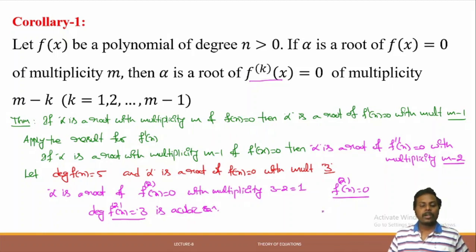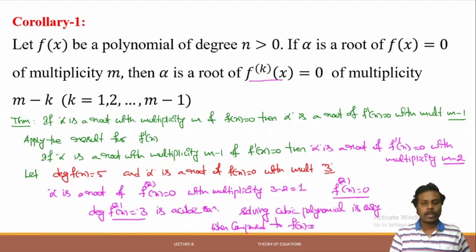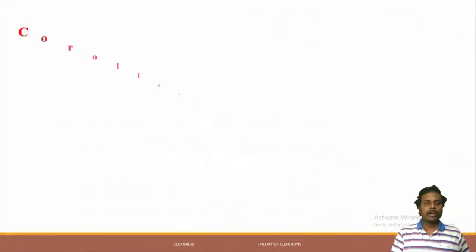That means in order to find the root alpha of f of x equal to 0, it is enough if you solve a cubic equation. If you find the root of a cubic equation, that will do, and solving a cubic equation is easy when compared to solving higher order polynomial equations. So this is how this corollary helps us in finding the root of a polynomial with multiplicity more than 1.